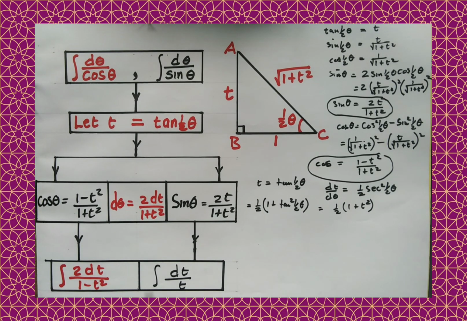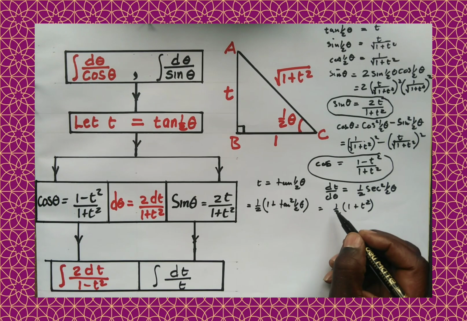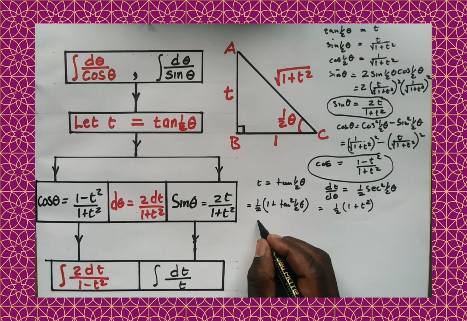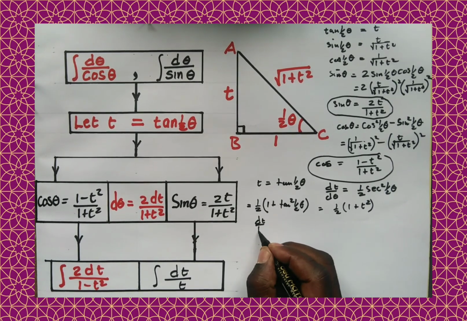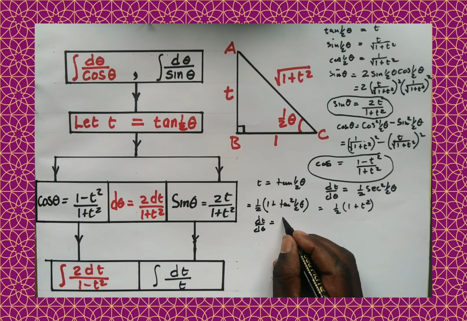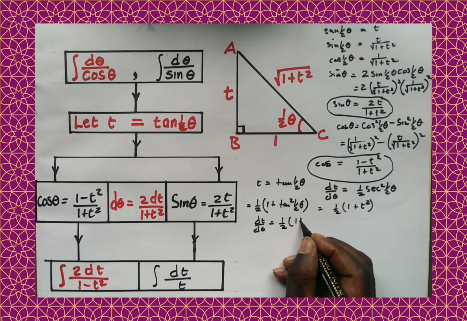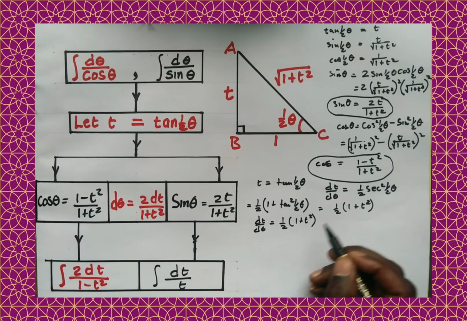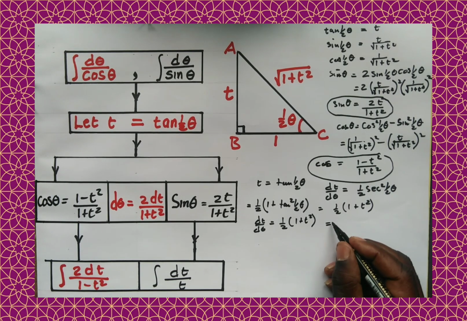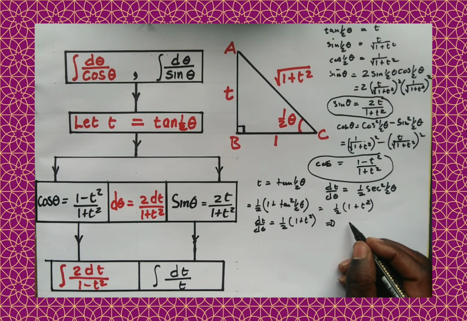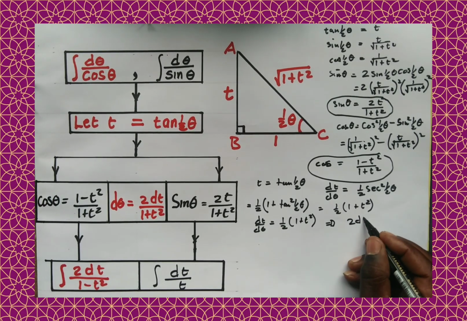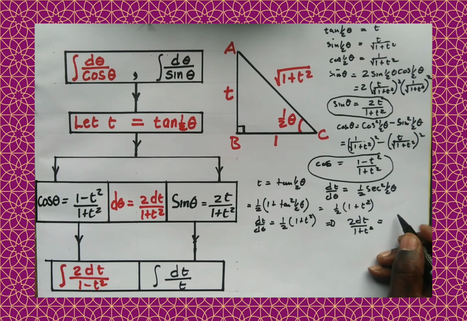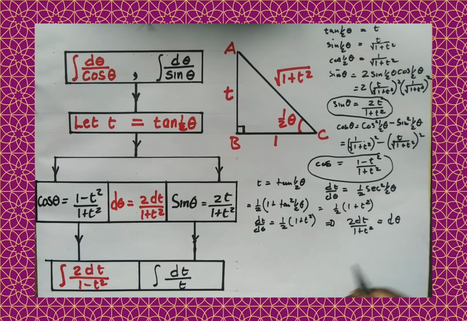So we have dt d theta is equal to half of 1 plus t squared. Let's cross multiply. That finally gives us 2 dt over 1 plus t squared is equal to d theta.